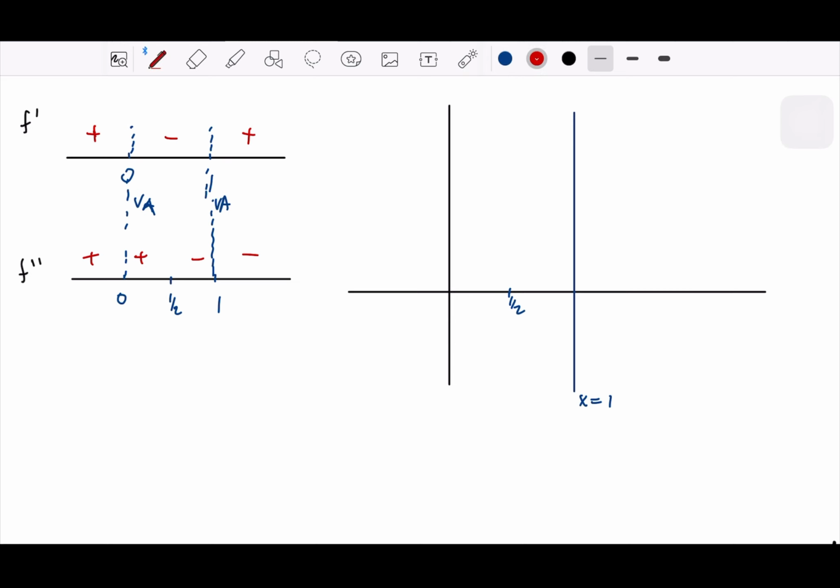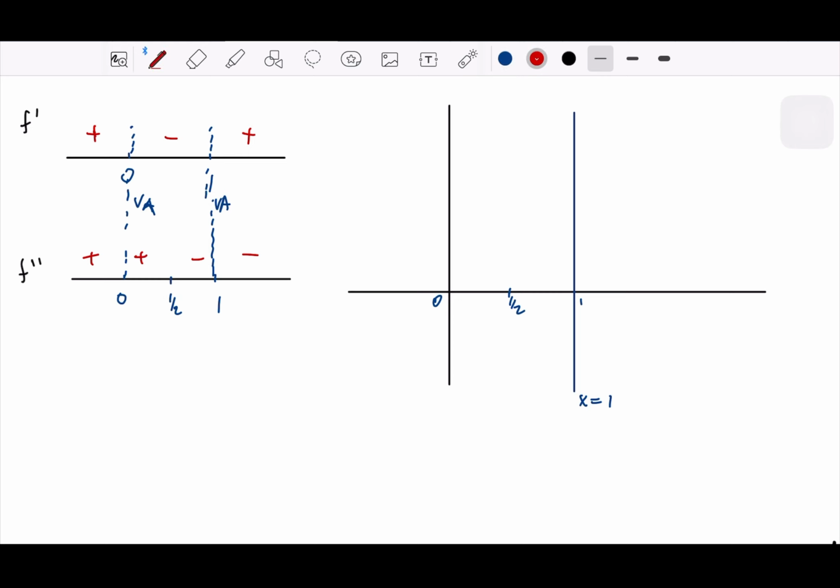Now first, maybe naming this 0, 1. Looking at this f prime, we should have an increase from negative infinity to 0. So we are going to have something that goes up. Is it going to be like this or like this? Because it's an asymptote, it's supposed to be like this, right? And it is confirmed by this positive. This is concave upward, so we have to have it like this. So we are going to have that. So that's the first step.